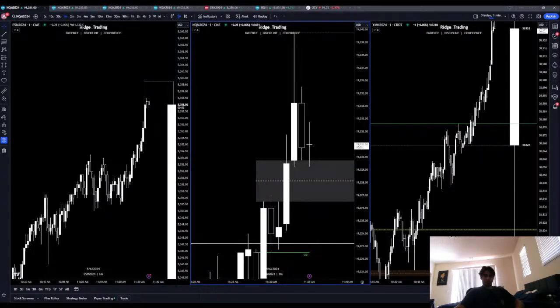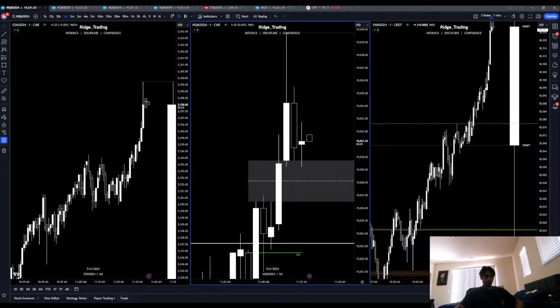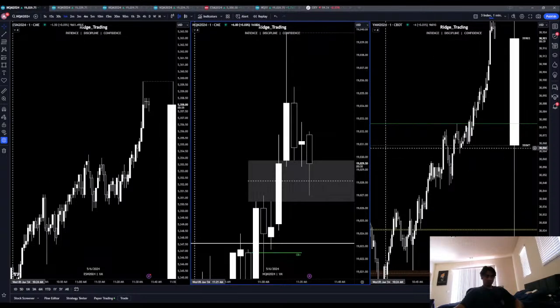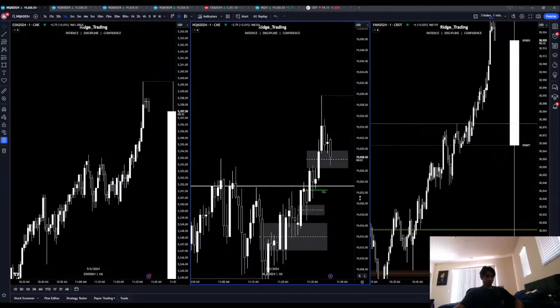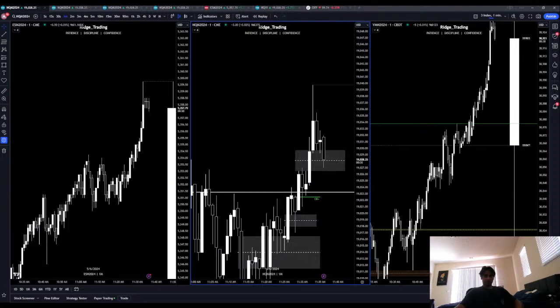Just tapping into that volume imbalance and now moving higher. Look at that quick wick down. Already getting the move off of it. There's no reason to even think of a bearish trade unless we get under this. Yep, look at that.